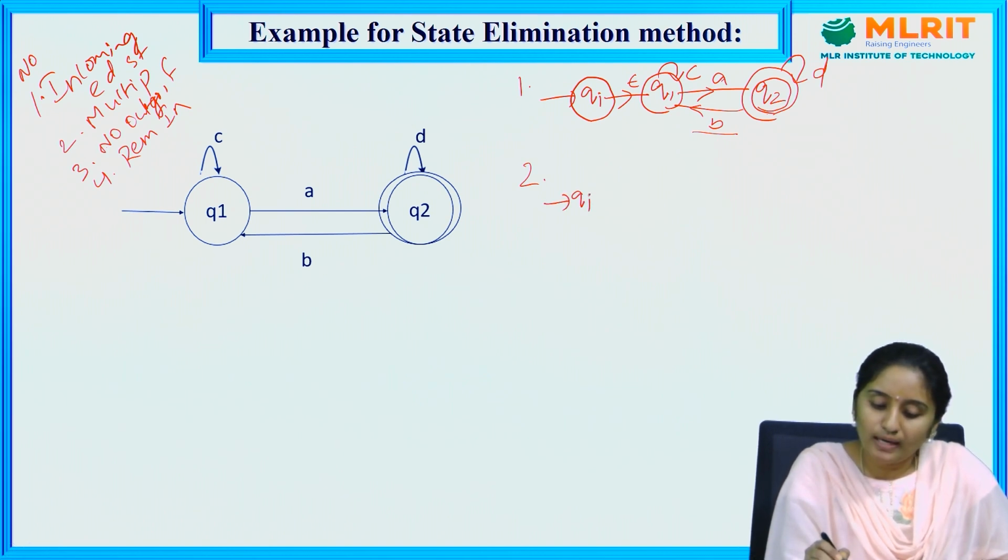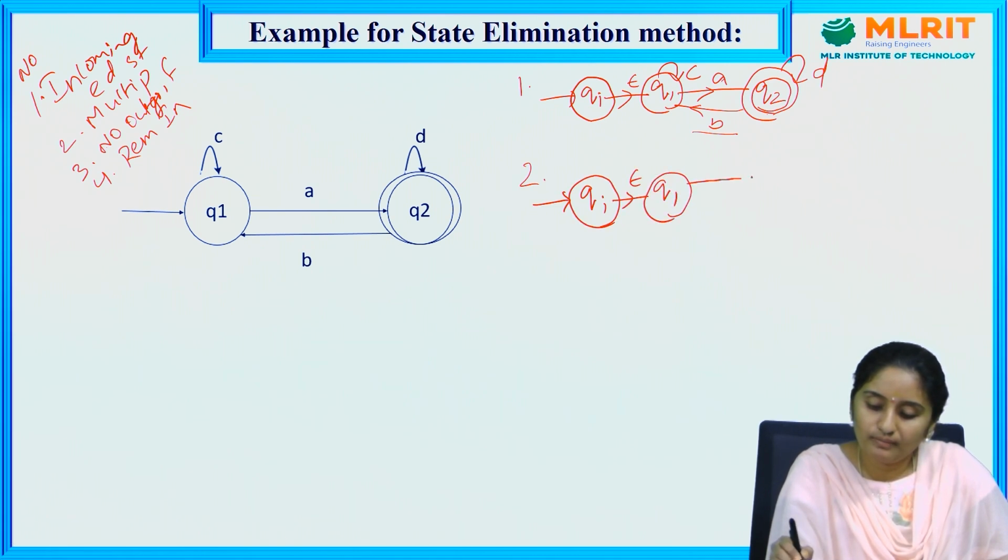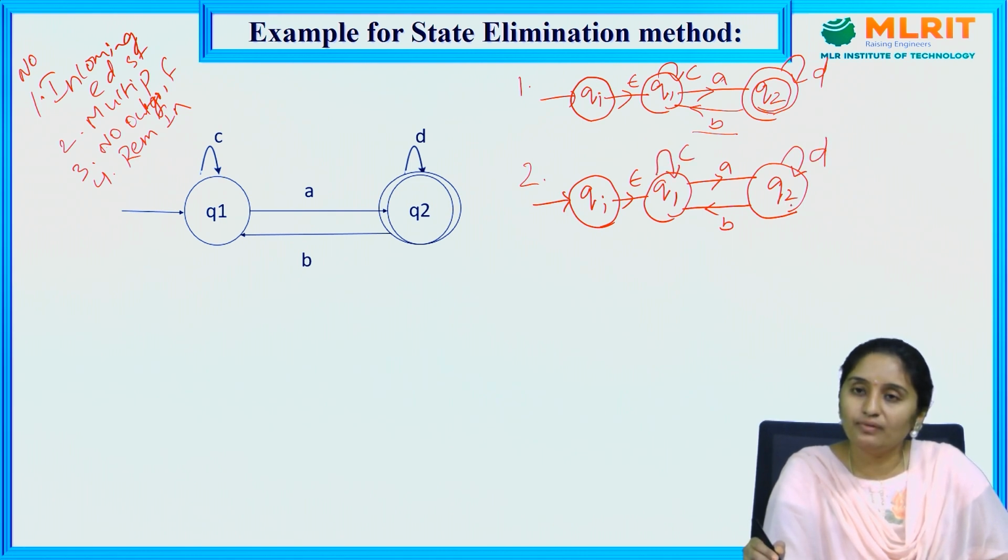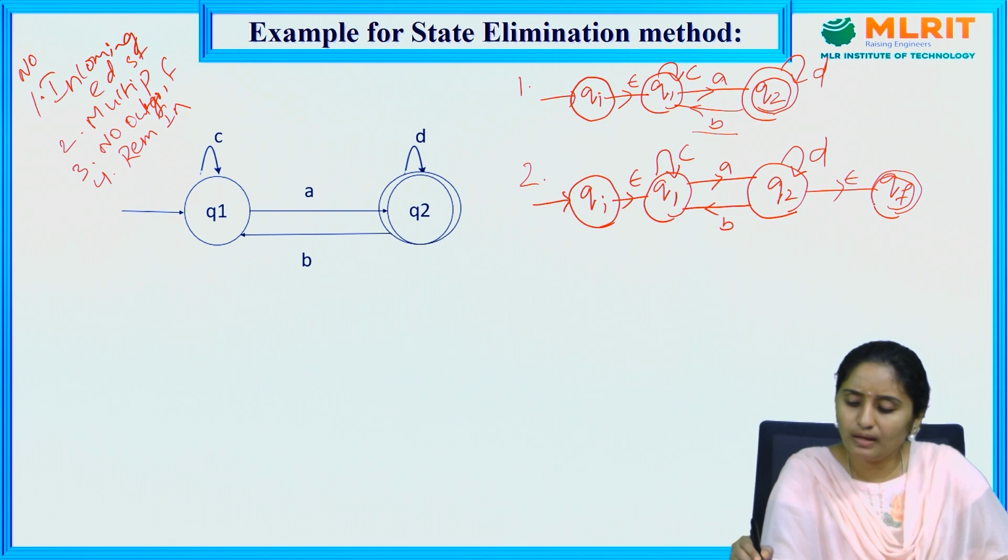Qi on epsilon to Q1, A, B, Q2 on D. So this is not our final state. We are going to create one new state, that new state is our final state QF. Take any name, I am taking it as F.